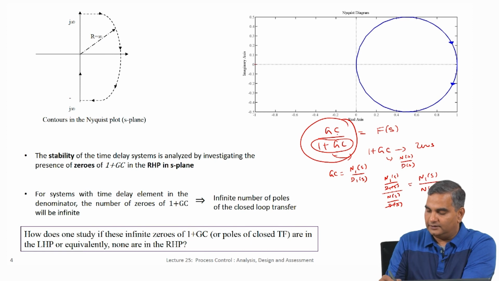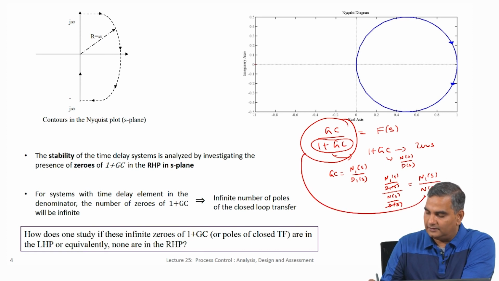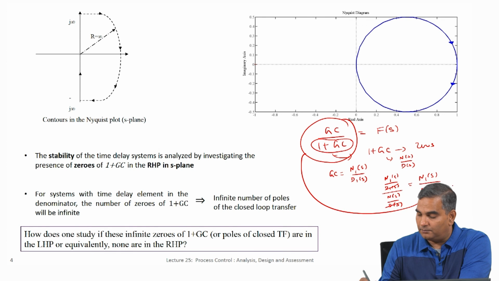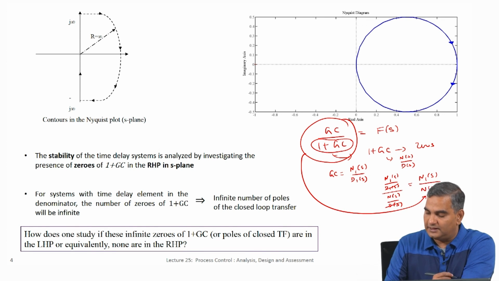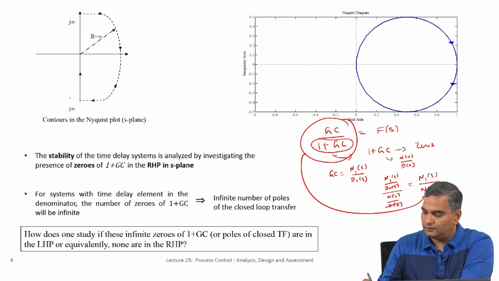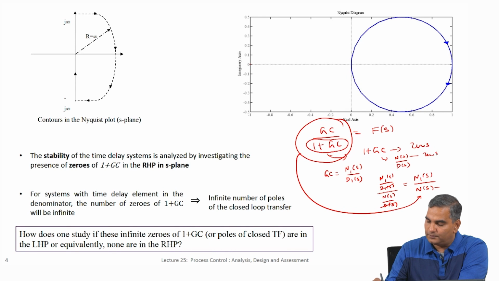So if you look at this as this, then the stability of Gc by 1 plus Gc depends on the numerator polynomial of 1 plus Gc. When you think about this numerator polynomial of 1 plus Gc, we are looking at the zeros of 1 plus Gc, and the denominator will give you the poles of 1 plus Gc.